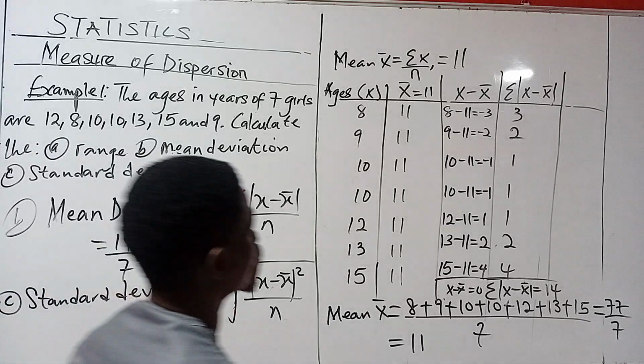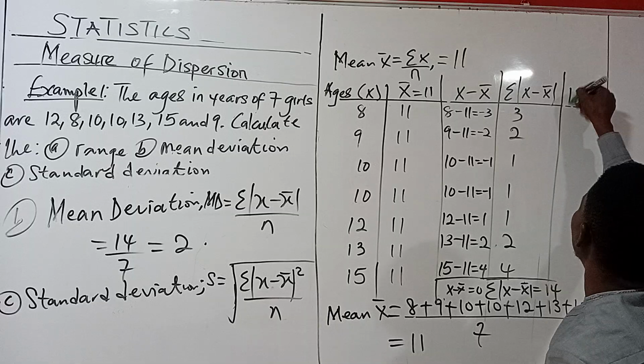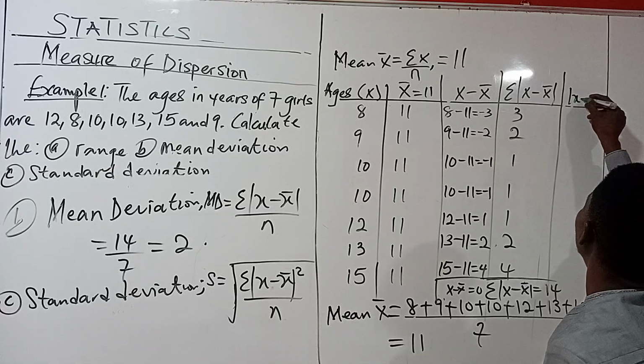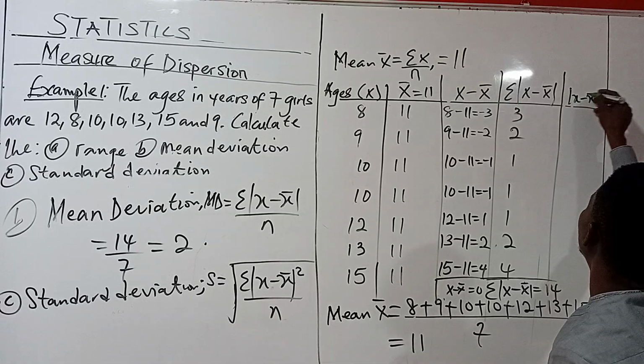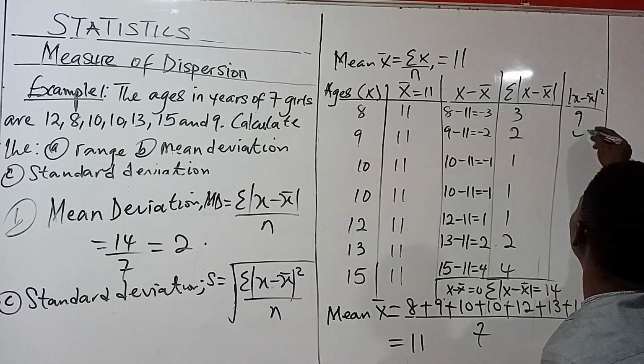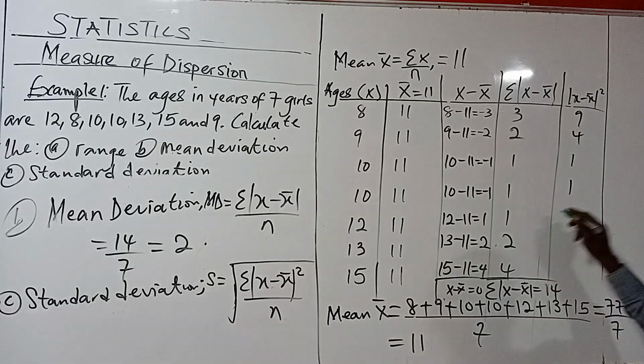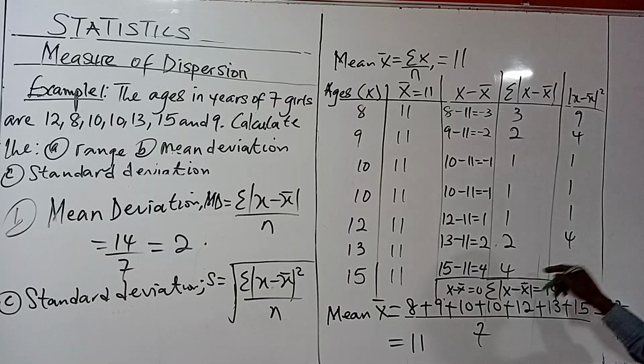So how do we obtain this now? You can have x minus x bar, then you square it. When you square this one, you have 9. When you square this one, you have 4. When you square this one, you have 1. Again 1. Again 1. When you square this one, you have 4. When you square this one, you have what? 16.